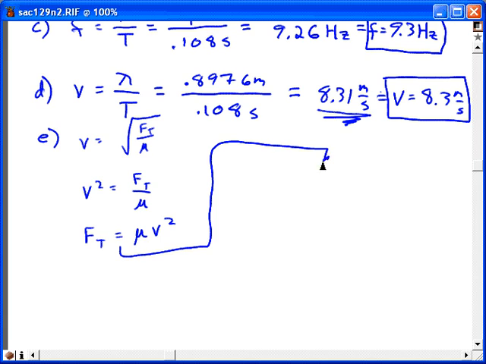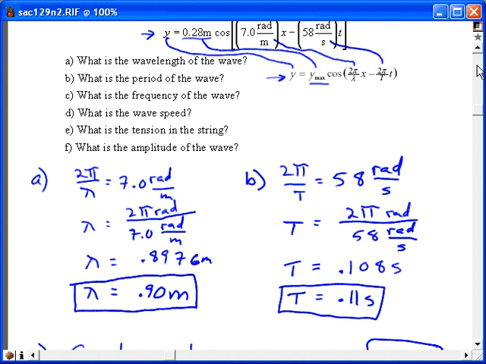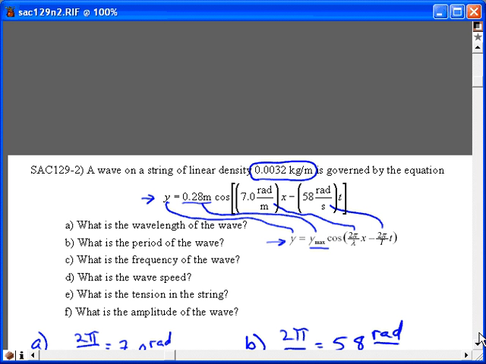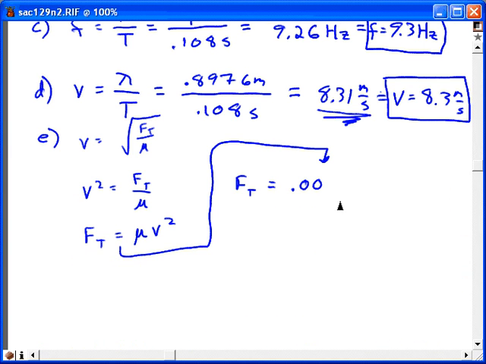I'll move up here for part E. F sub T is 0.0032 kilograms per meter times the 8.3 meters per second squared.